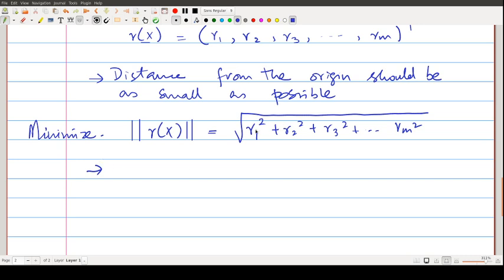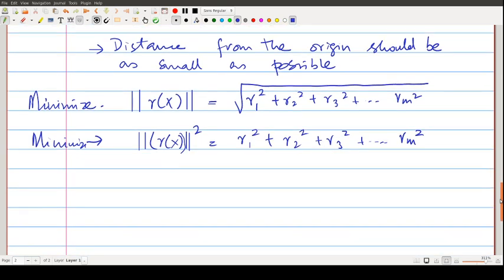You can get rid of the square root by saying that instead of minimizing Rx, you can minimize the square of Rx, because the square root function will not change the minimum. So if I square this entire thing, I get rid of the square root, and the square of this distance is just R1 squared plus R2 squared plus R3 squared plus dot dot dot Rn squared.